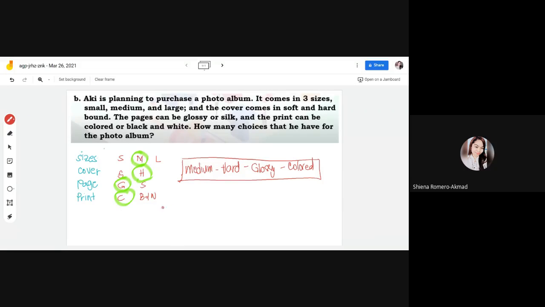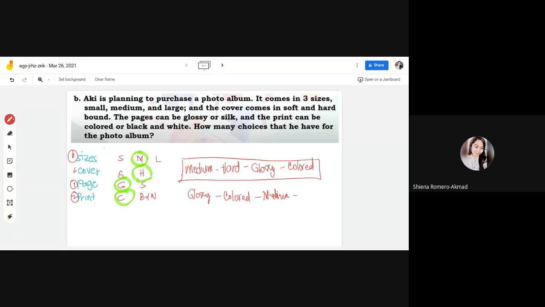paano kung tinanong tayo, inuna yung page, anong gusto niyo pong page? Gusto ko po glossy. Eh, anong klaseng print po yung gusto nyo? Ay, gusto ko po yung colored. Anong size po ba? Medium.